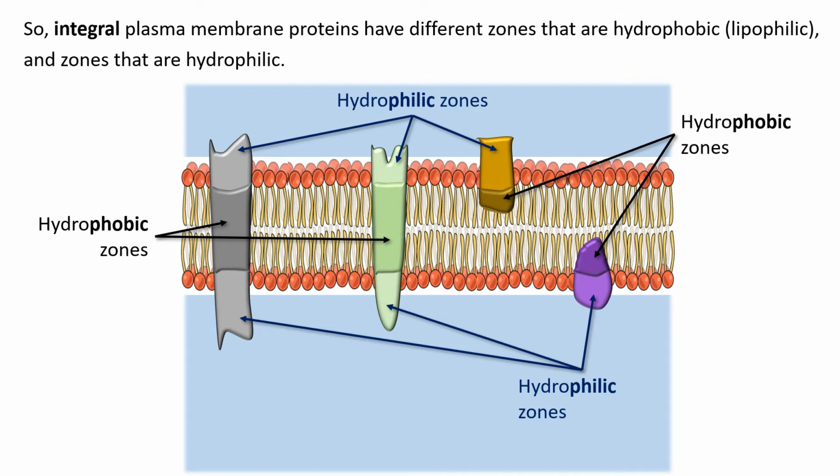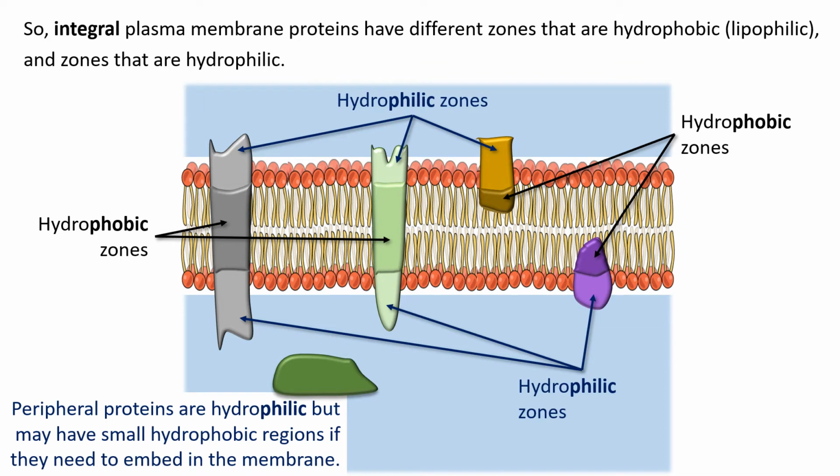Those hydrophilic zones are going to be in contact with the extracellular fluid or the cytosol. Peripheral proteins are generally hydrophilic because they're going to float around in the cytosol primarily. But they might have small hydrophobic regions or little anchors in case they need to embed in the membrane.